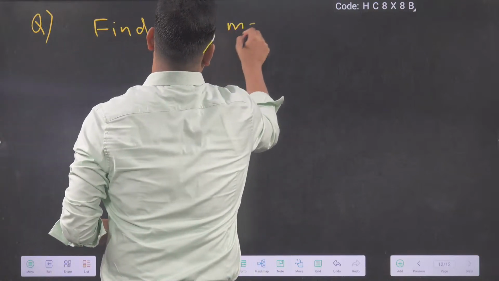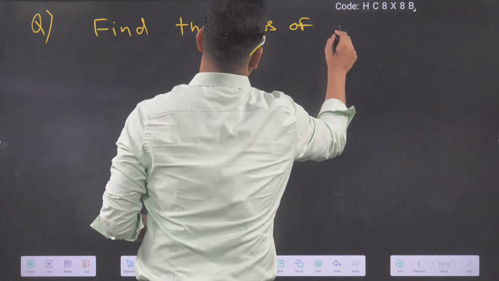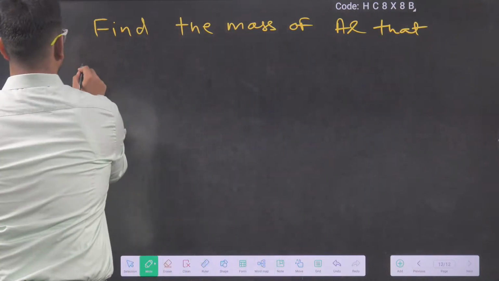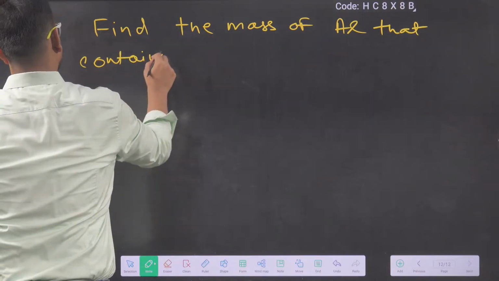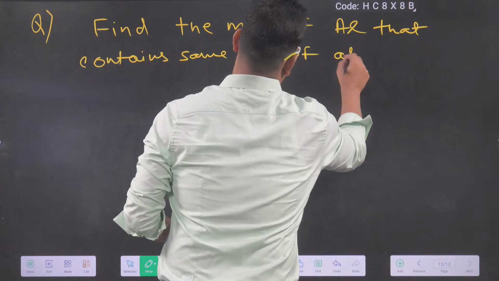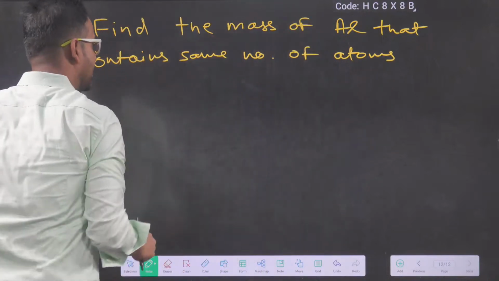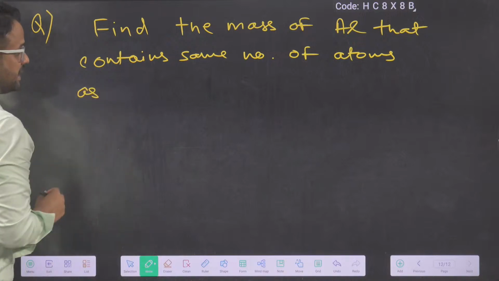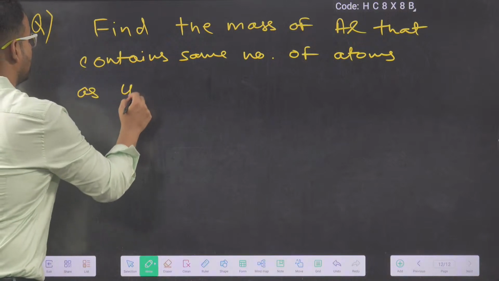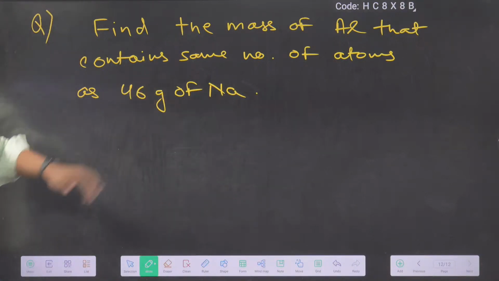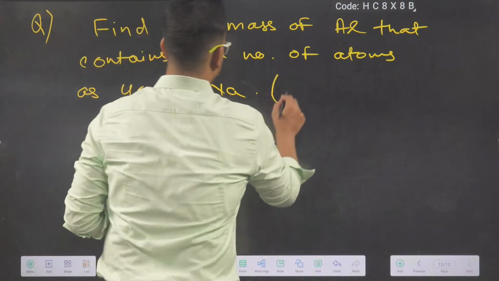Find the mass of aluminium that contains same number of atoms as 46 gram of sodium, and relative atomic masses are 27 and 23.